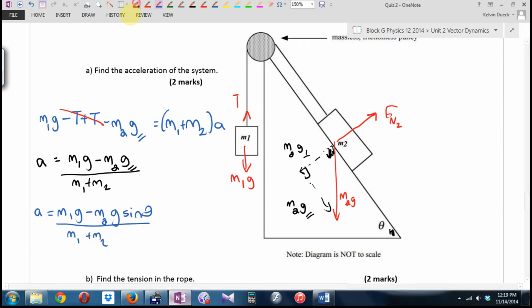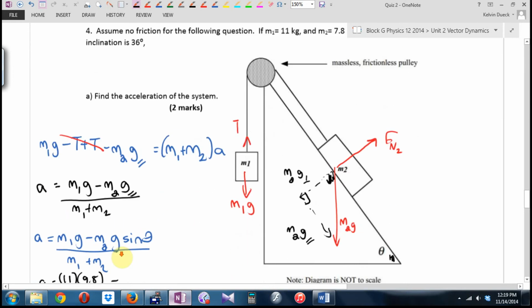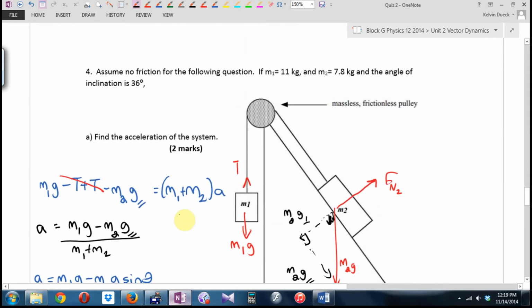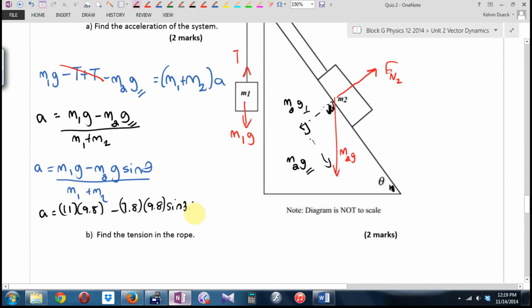Let's plug in numbers. A equals 11 times 9.8 minus, what was it, 7.8 times 9.8 times the sine of 36 degrees, all over 11 plus 7.8.